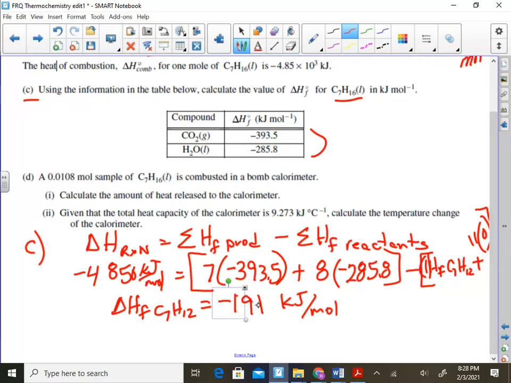And actually, with sig figs, because this guy is only to the tens place, this would be negative 190.